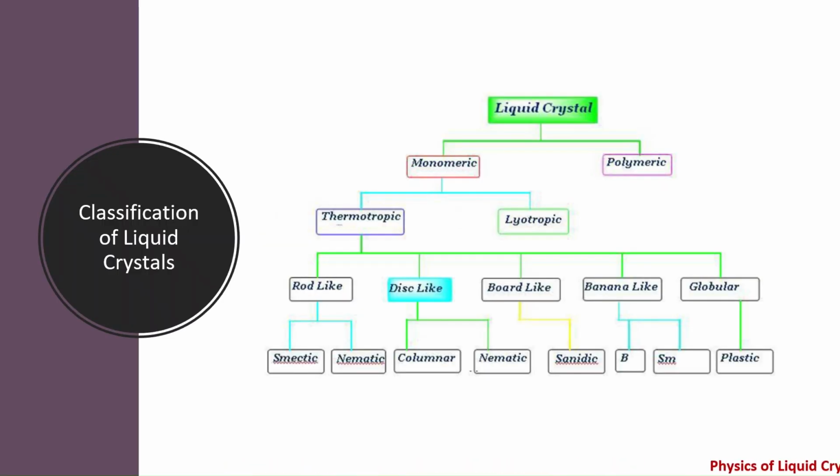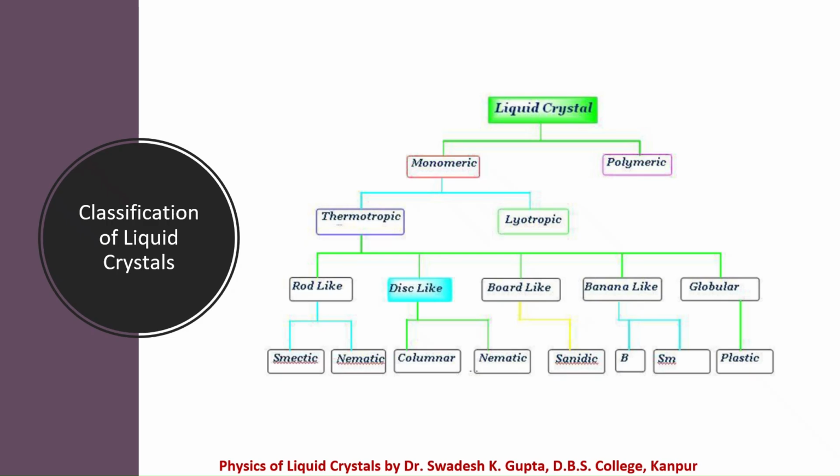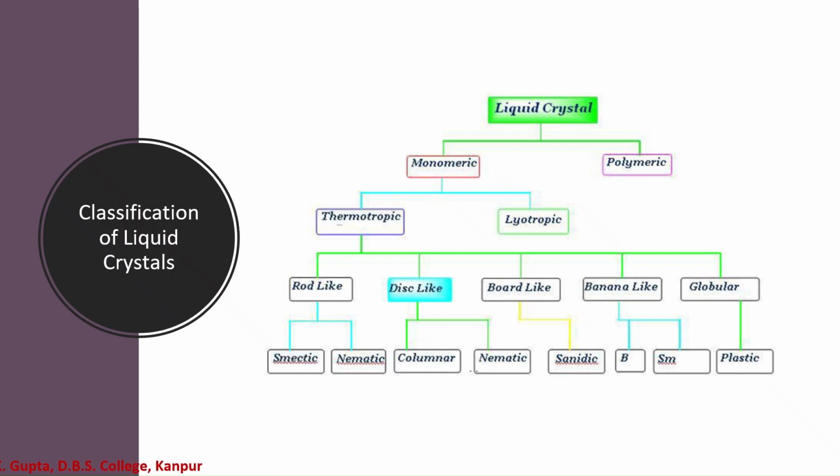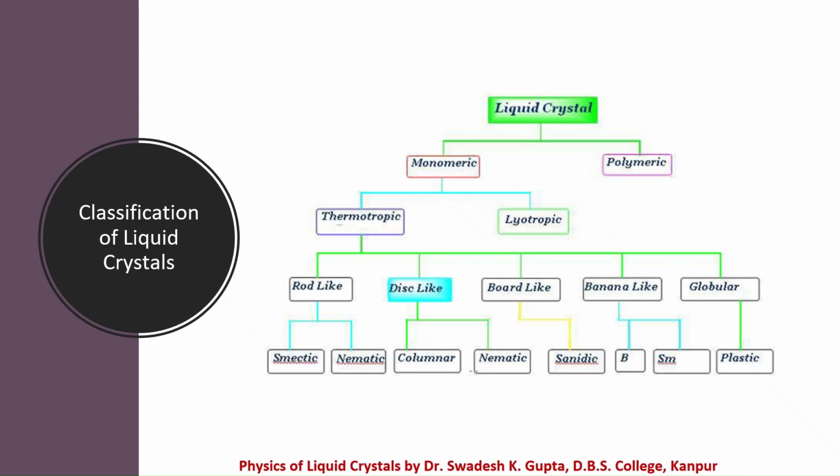Now coming to the classification of liquid crystals. So these liquid crystals can be monomeric or polymeric. Monomeric means that there is a single molecule which acts as a single molecule and is not directly attached to another molecule, or not making any covalent bond with another molecule.